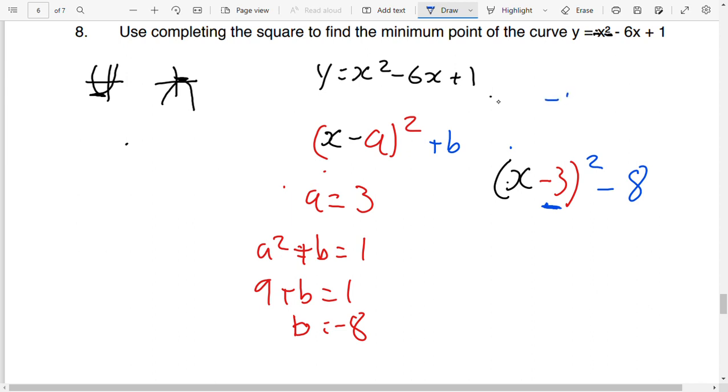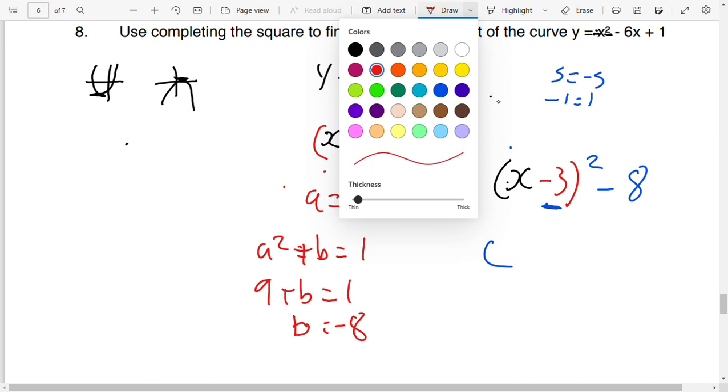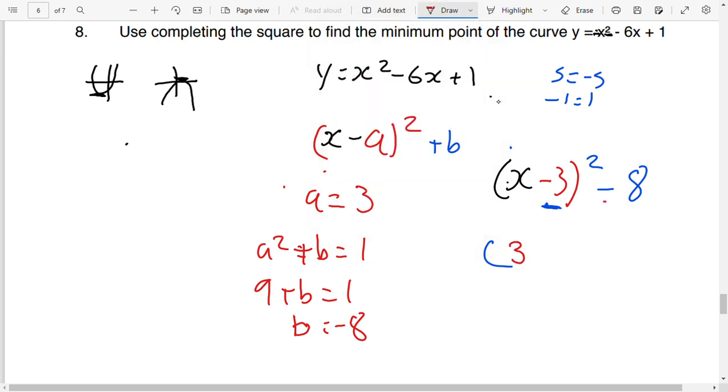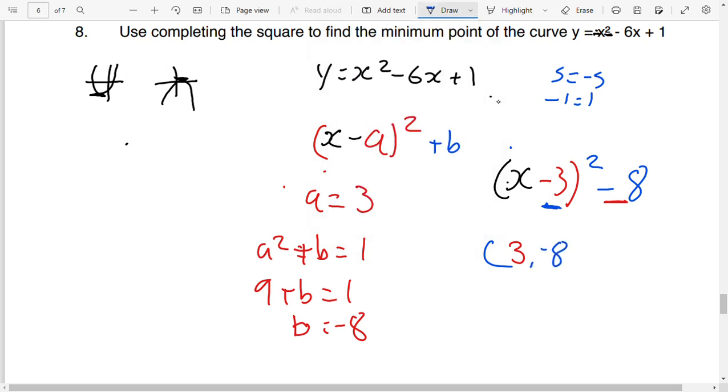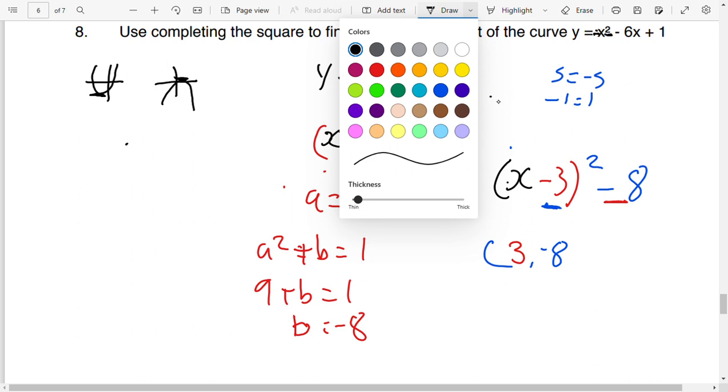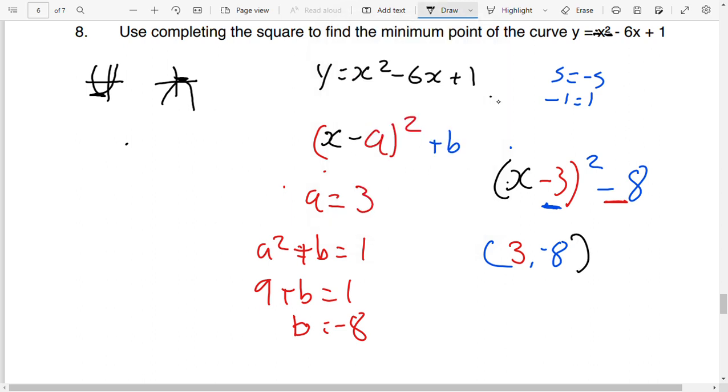So if it's minus 1, it's going to equal 1. If it's 5, it's going to equal minus 5. So the x coordinate is going to equal 3, and then the y coordinate always equals this one, so it's going to be minus 8. Really simple way of doing it using completing the square. So that is the coordinates of the minimum point.